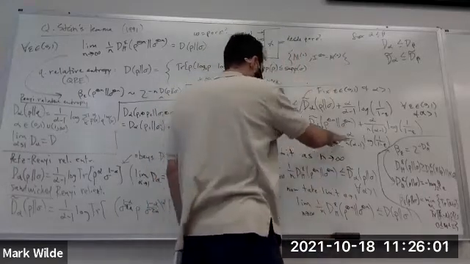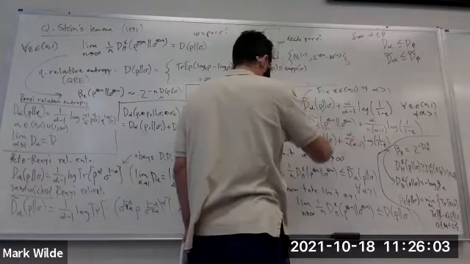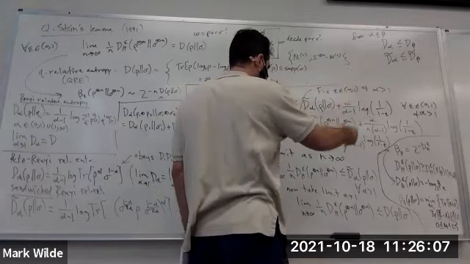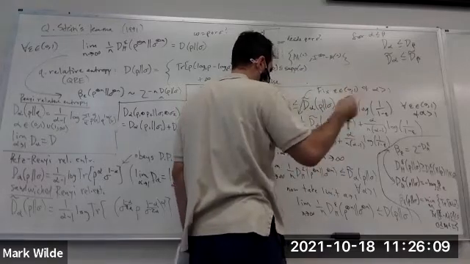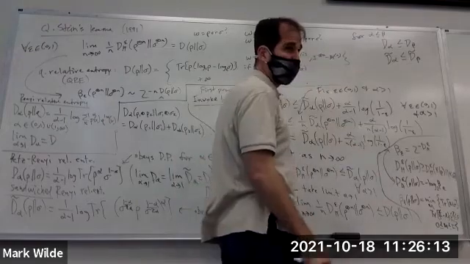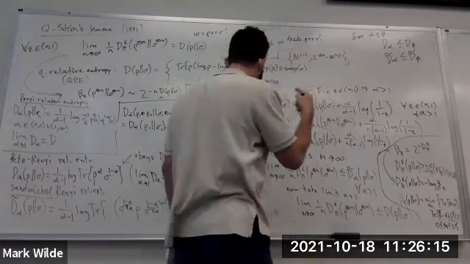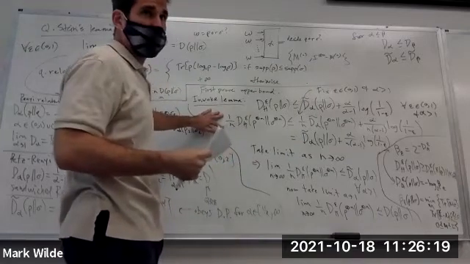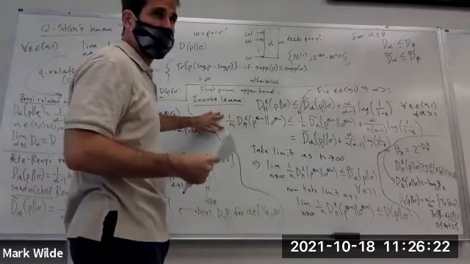Now we've shown this inequality. It holds for all alpha strictly greater than 1, all integers n greater than 1, epsilon strictly between 0 and 1. And then the quantity of interest is to take the limit as n goes to infinity.